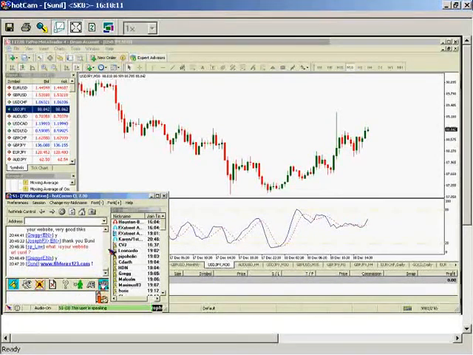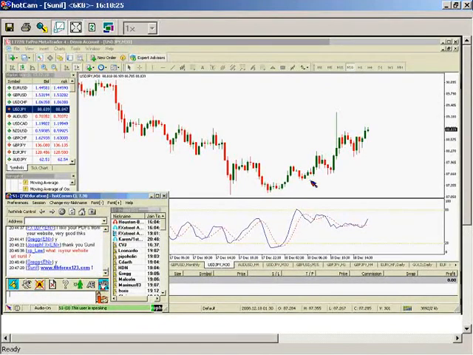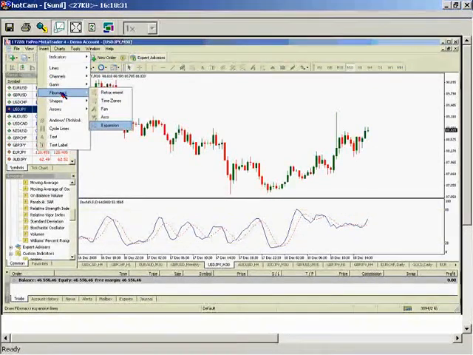Now, Greg, before I start off with this, so how do you get this 1-2-3? Oh, Ferdinand. Okay, sorry, my mistake. Ferdinand, on your MetaTrader charts, you go to Insert, you go to Fibonacci, and you go to Expansion.